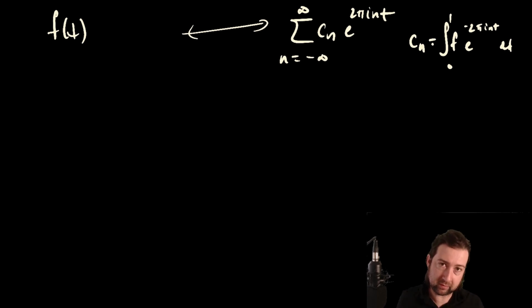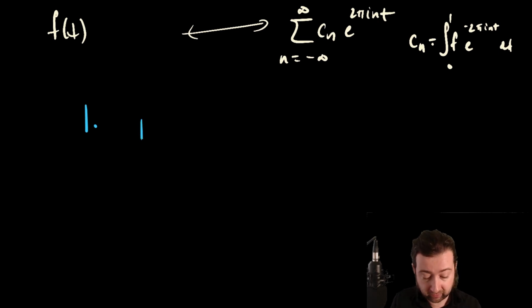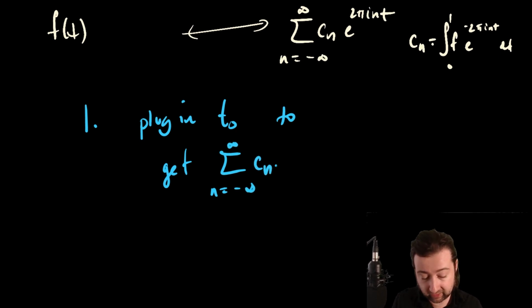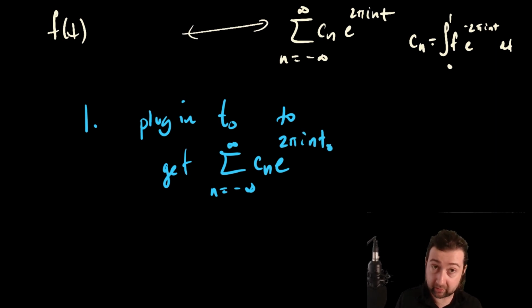Two things need to be true in order for f of t to be equal to this series. The first thing is it had better be the case that if I plug in t naught to get the sum from n equal to minus infinity to infinity of Cn e to the specific function 2 pi i n t naught, that had better converge.